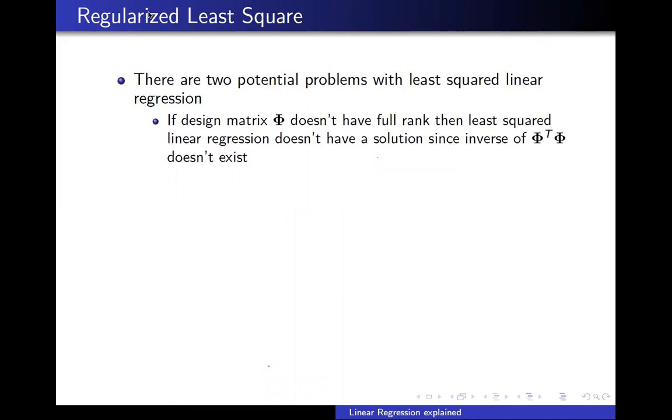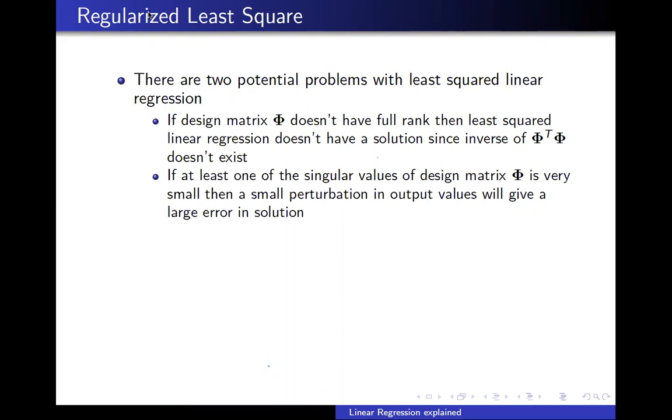One is that if the matrix phi does not have full rank, then least squares linear regression does not have a closed form solution, because phi transpose phi is not a full rank matrix, so you cannot take the inverse. The second is that even if it has full rank, if at least one of the singular values of the design matrix is very small, then a small perturbation of the output values will lead to a very large error in your solution.